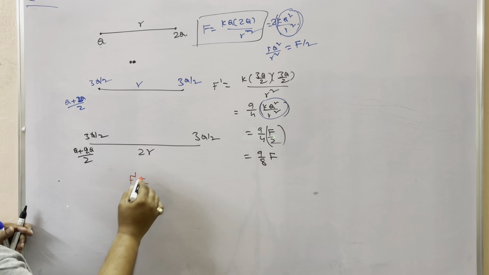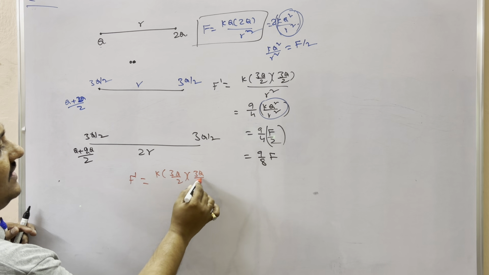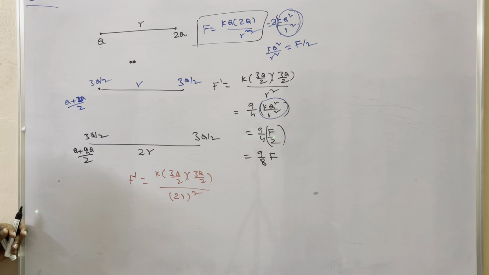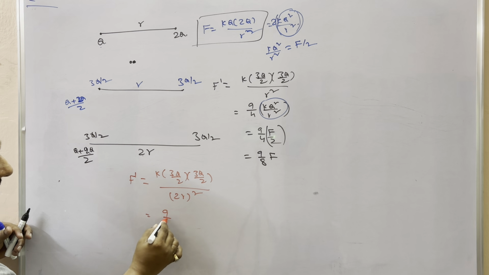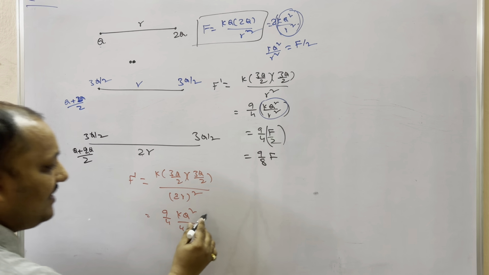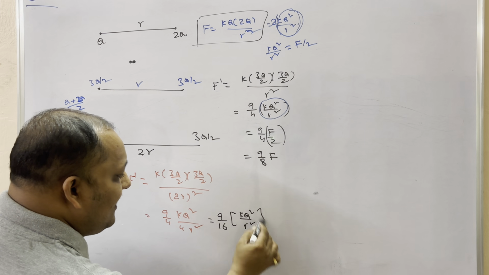F dash is k into 3q by 2, 3q by 2 divided by 2r whole square. Now 9 by 4 kq square by another 4, 4r square. So 9 by 16 kq square by r square.